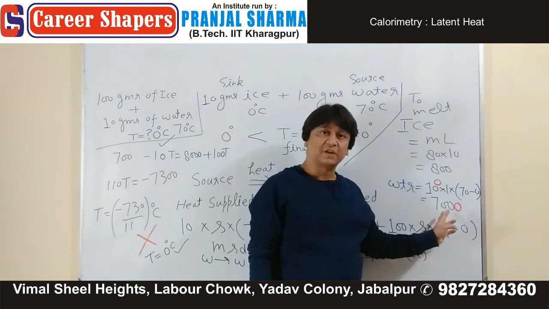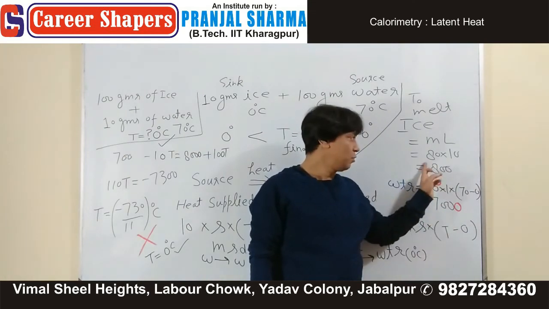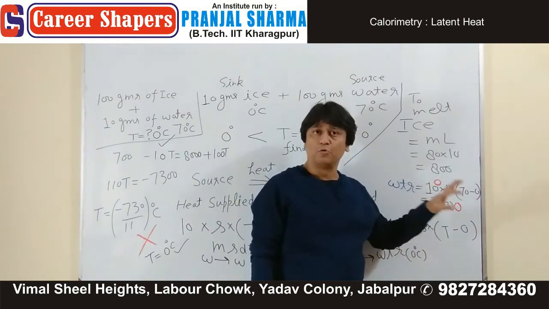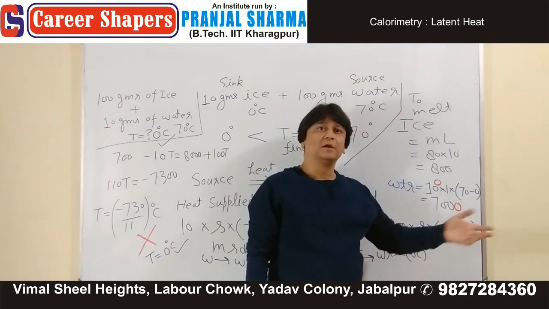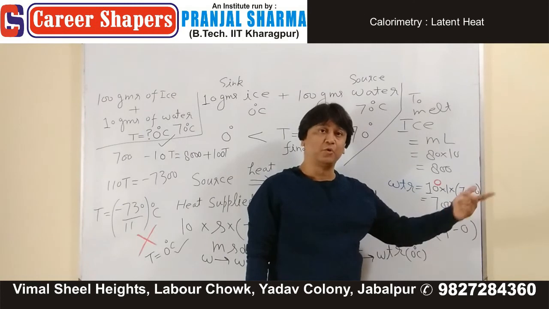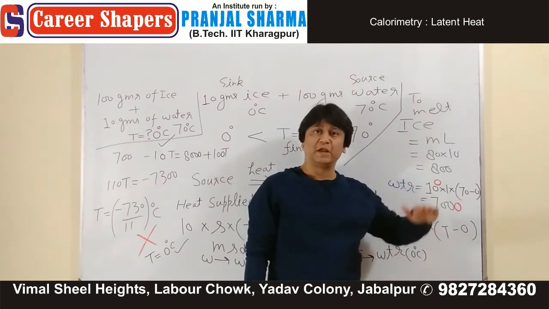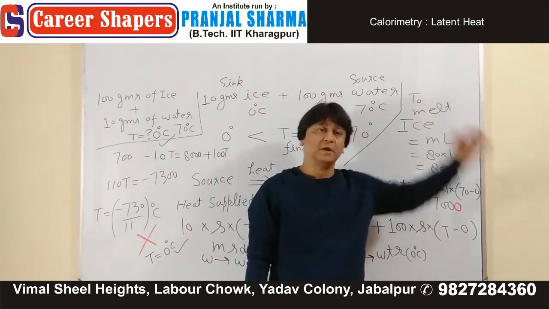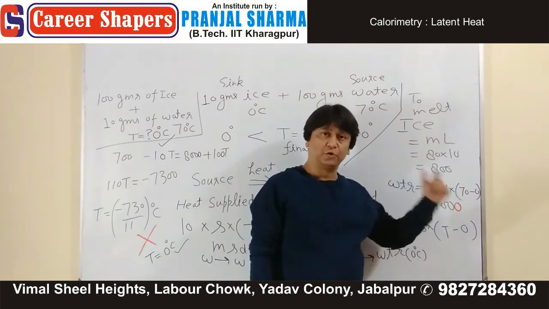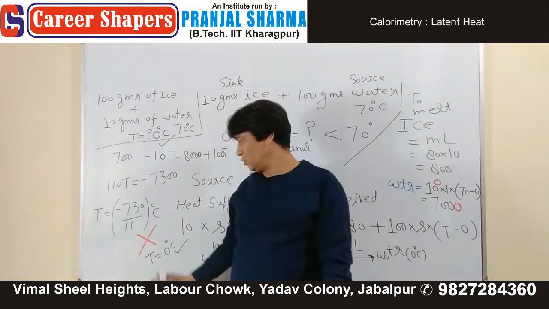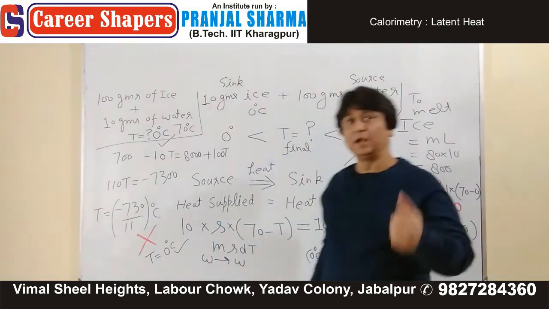And out of this 7,000 joules, you need only 800 to melt, which is easily available. And then remaining portion will be used in increasing temperature. So by looking at the data itself, you can figure out easily what final temperature will be.